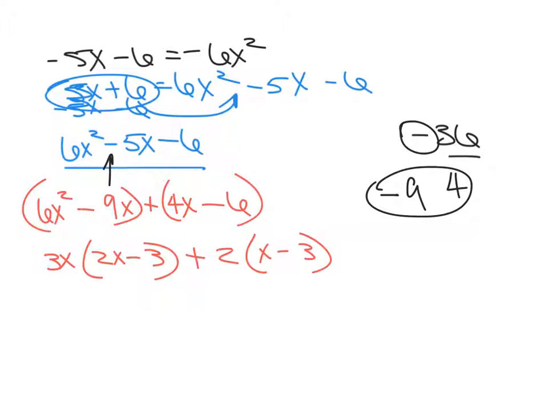Then I have a 3x plus 2 and a 2x minus 3. Alright, so that is example 105.3. Okay, so that's it for lesson 105.